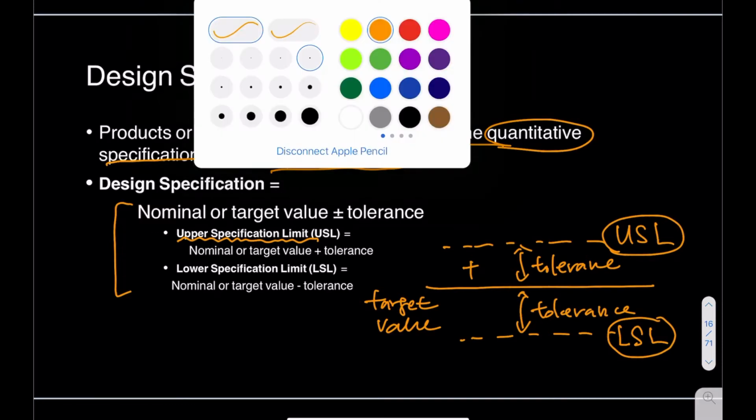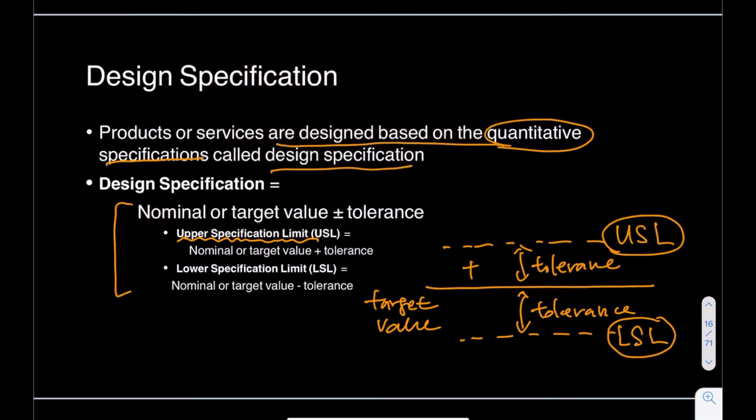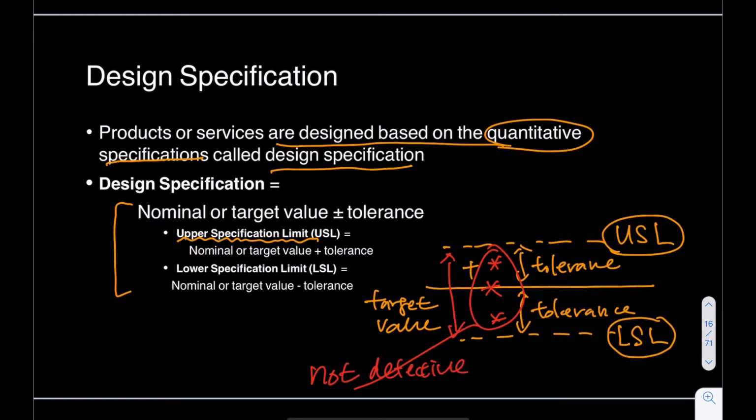When you produce a product, let's measure some output. If this measurement is inside this range, for example here, or even the perfect target value, we say that those products are not defective because it's still inside this design specification limits.